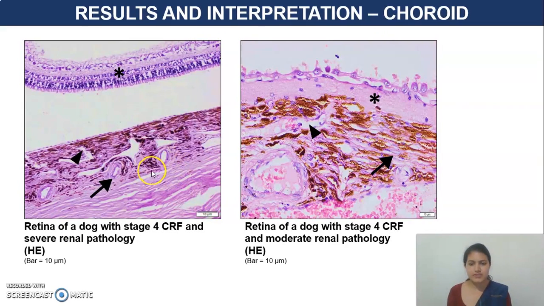This is a section with severe choroidal fibrosis where you can see a prominent fibrosis around the blood vessels, and here you can see the choroidal neovascularization, which is the emergence of blood vessels through a defective Bruch's membrane. And in this region you can see a cellular proliferation at the level of the retinal pigmented epithelium. This is a degenerating retina, which will be discussed later in our results section.